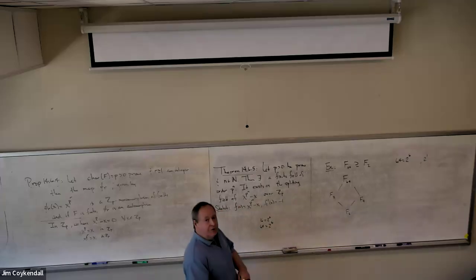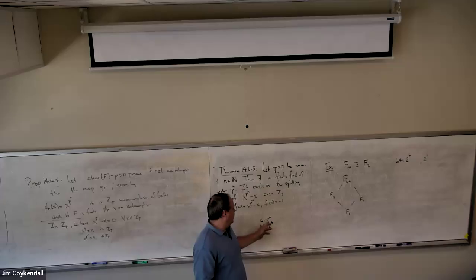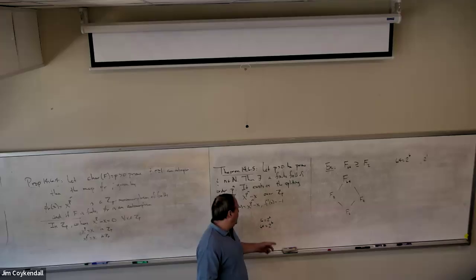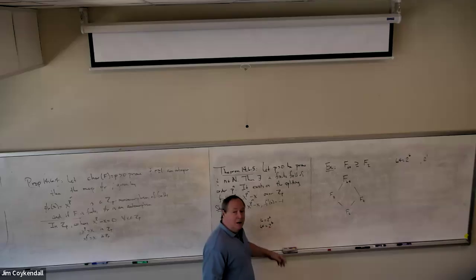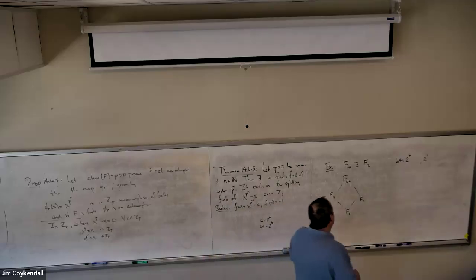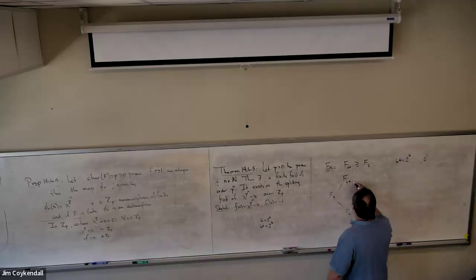Now, if the field of 16 elements were a subfield of the field of 64 elements, that means that the field of 64 elements would have to be a vector space over this, which means that 2 to the 6th would have to be a power of 2 to the 4th, which is not true. So the problem is the exponent has to divide. What are the subfields? Notice they're the dividing exponents.